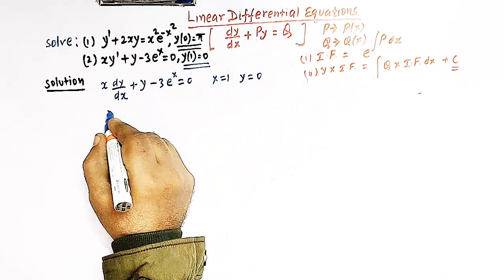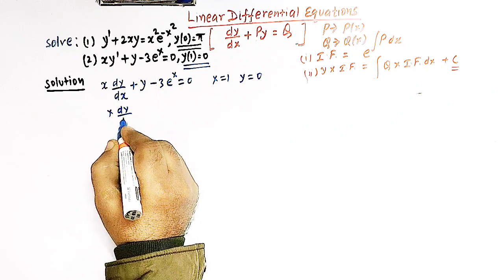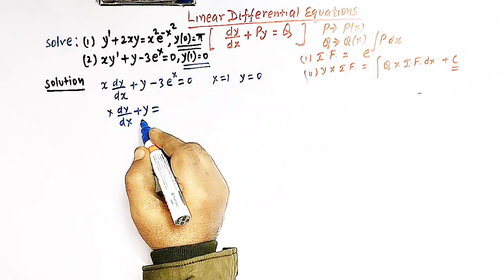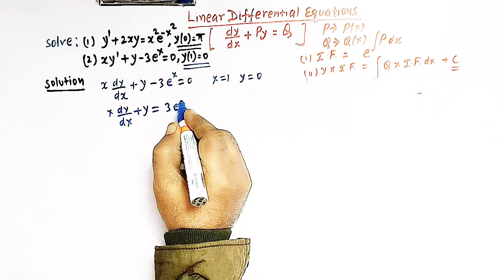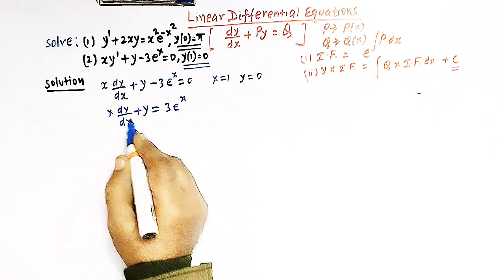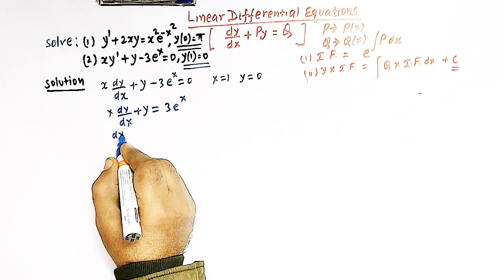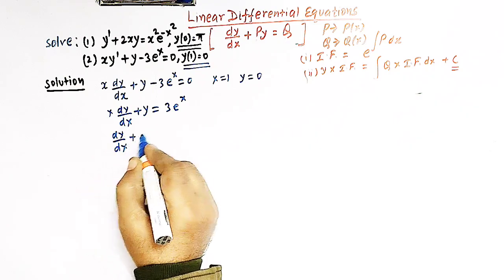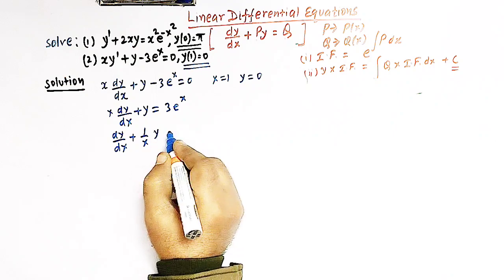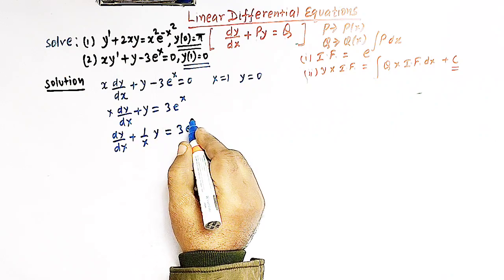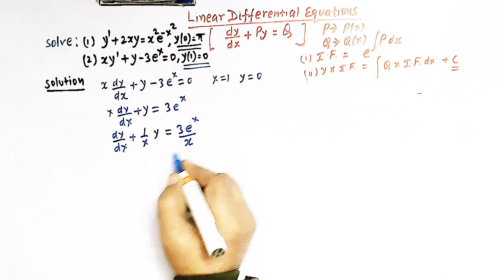We can take x dy over dx plus y, and taking this term to the right hand side, we have 3 times e raised to x. Now dividing both sides by x, we have dy over dx plus 1 over x y, and here we have 3 e raised to x over x, right?